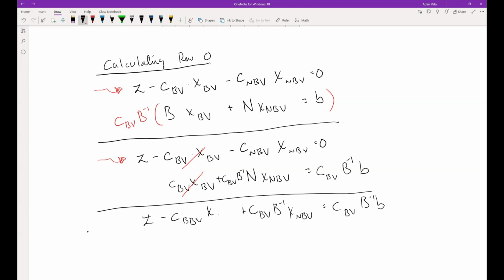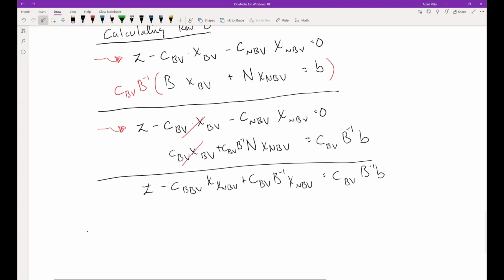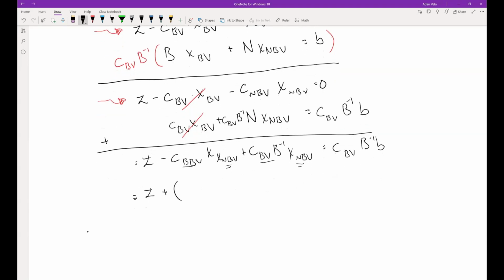All right. So the nice part is we can do a little bit of factoring. So when we do our factoring, we can factor out the XNBV term, right? So they have this in common. And I'm going to do a little bit of light reorganizing. So I'm just going to switch the location of these two coefficients so I don't have a minus sign leading. So I get CBV times B inverse N minus CNBV.